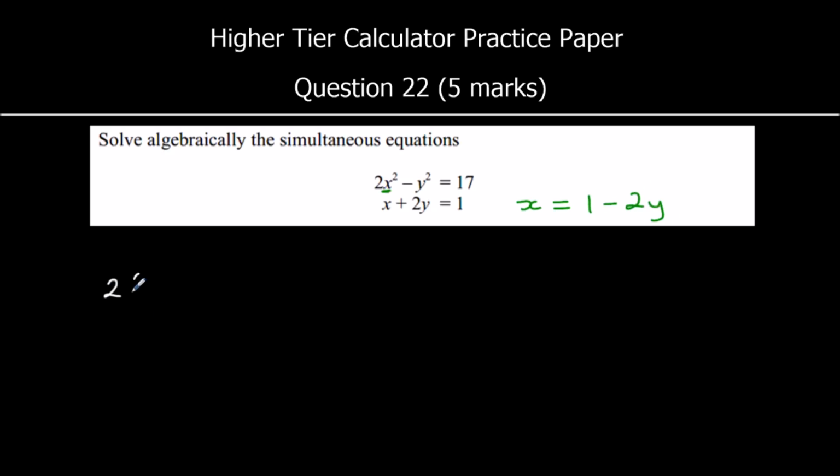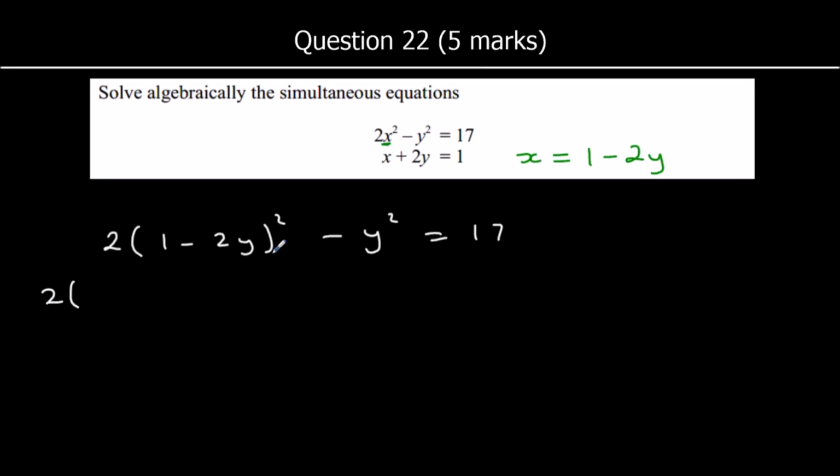So I've got 2 times (1 minus 2y) squared minus another y squared equals 17. So squared means times itself. So 1 minus 2y times 1 minus 2y. And now I'm going to expand the brackets.